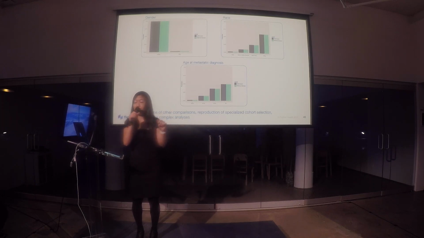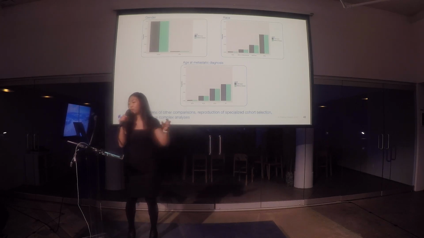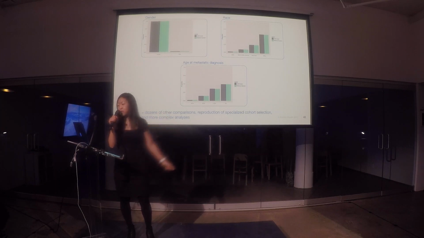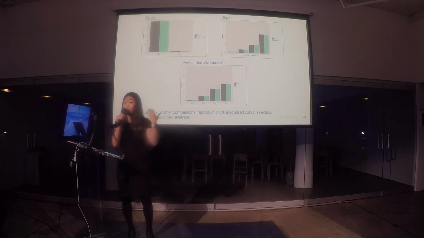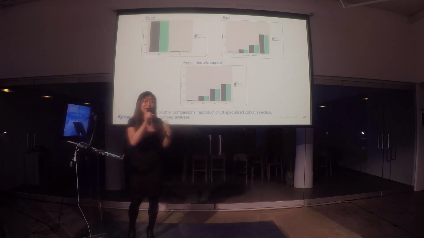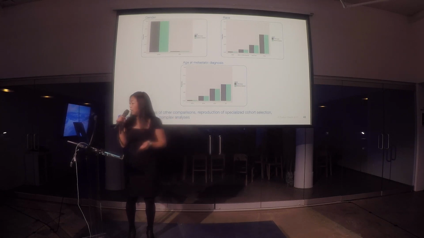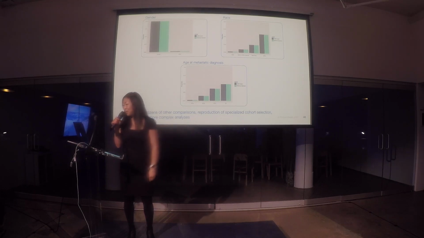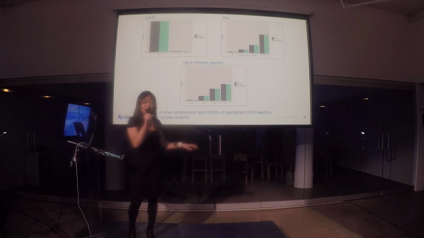If we missed one or two patients, you don't see that evidence of bias. To give an example of something that would look bad, what if we missed an entire bar in the age at metastatic diagnosis? If one of the gray ones was substantially lower, that would indicate bias. These are just a couple examples. There are also dozens of others that we compute to ultimately assess bias across many different axes.